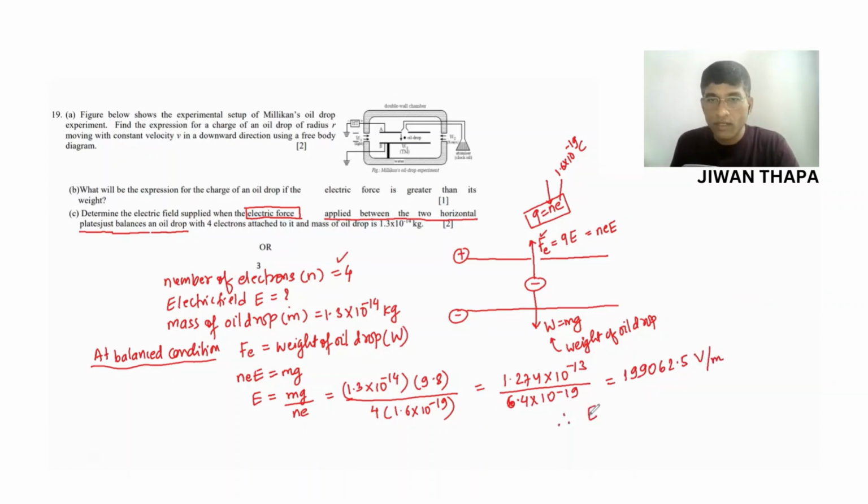Therefore, the magnitude of the electric field is 199,062.5 volt per meter.